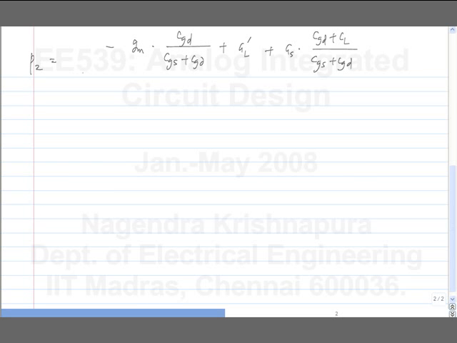Plus some contribution from the source resistance as well, divided by the total combination of capacitances you see at the output. And this increases with CGD.